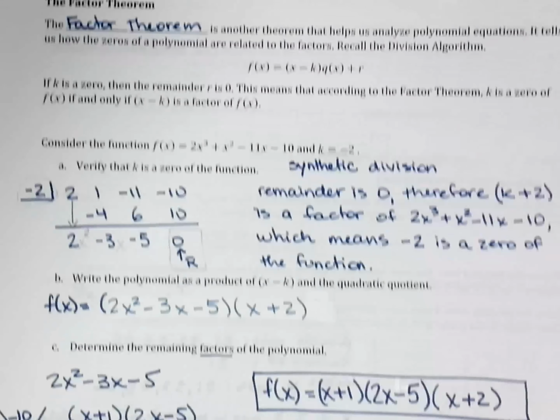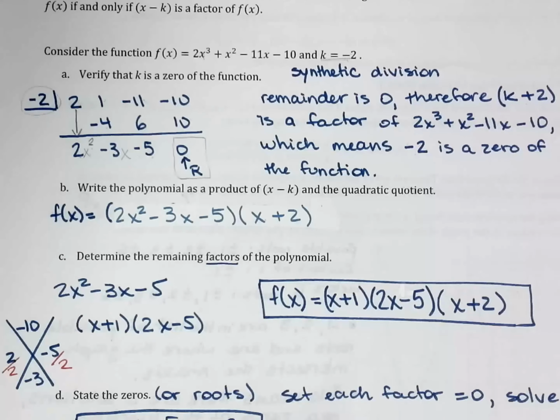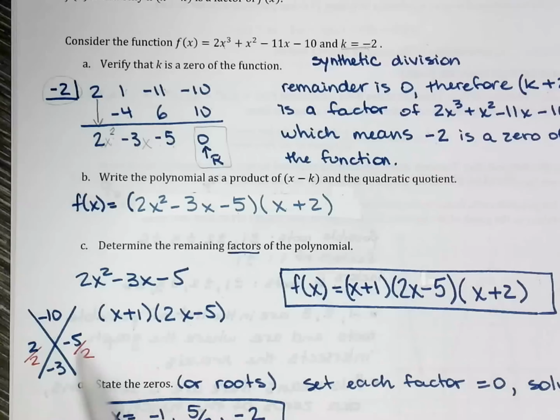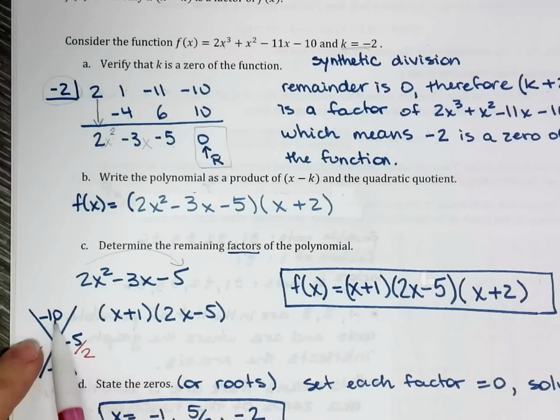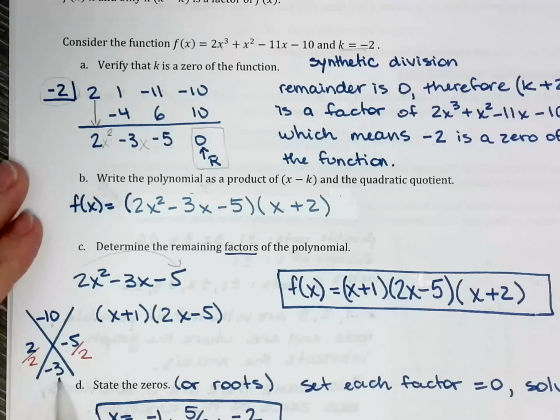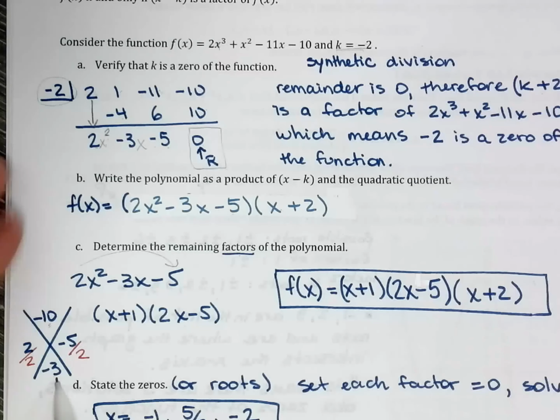Okay? So now for the next step, I need to find the remaining factors. Guess what? We need to factor. And I'm just going to flat out do the factoring. Do the diamond, multiply these two to get that number. So -10, two numbers that multiply to -10, same two numbers that add up to -3. So 2 times -5 is -10, and 2 minus 5 is -3.